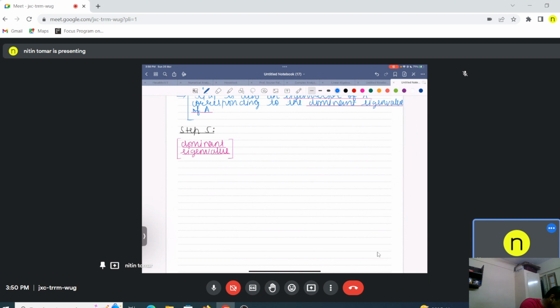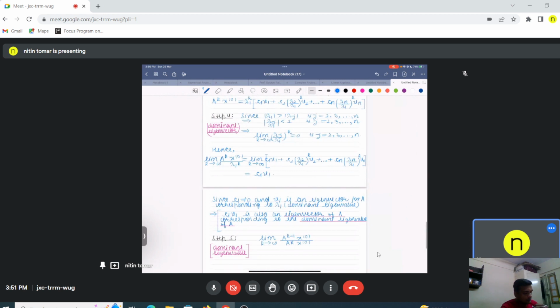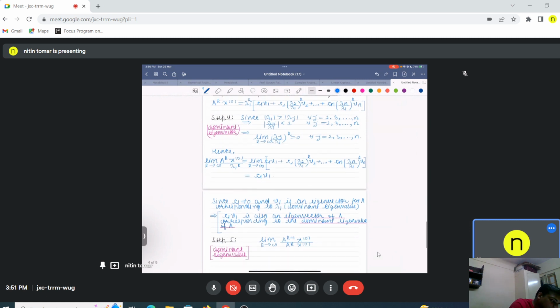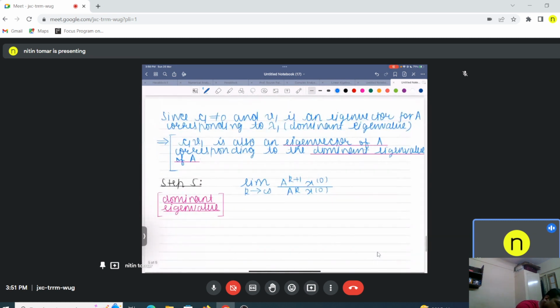And how do you do it? So clearly, if we just take the limit of A to the k plus 1 x naught upon the limit of A to the k x naught, if you divide it, so what are you getting? You check that, definitely we will be getting lambda 1.